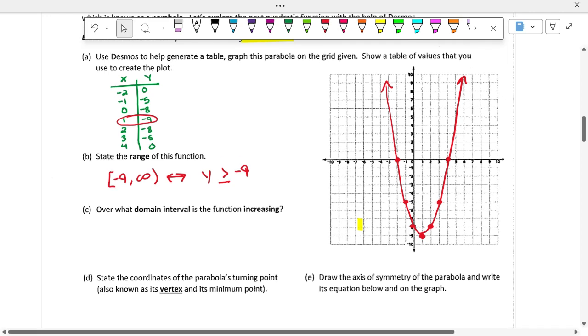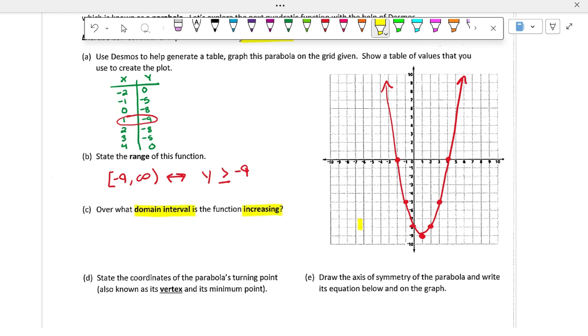Now, it then asks, what is the domain interval where the function is increasing? So domain means what? X values. So we're looking at X values where the graph is increasing. The way we figure this out is we go from left to right. I'm going to start by dragging my pencil at the leftmost point and ask myself, am I going down or up here?